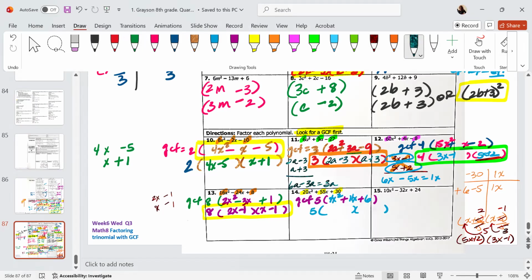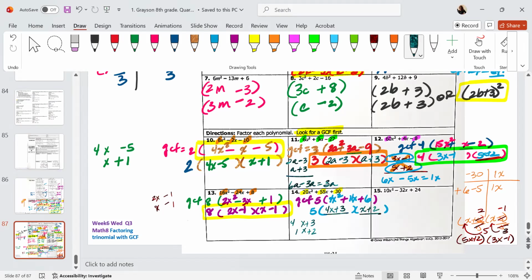I'm going to have 2x and 2x, 3 and 3. That's not going to give me 11. So maybe 4 and 1x. And then maybe 2 and 3. That's 8 and, yeah, that'll work. Positive, positive. So it's 4x plus 3, x plus 2.